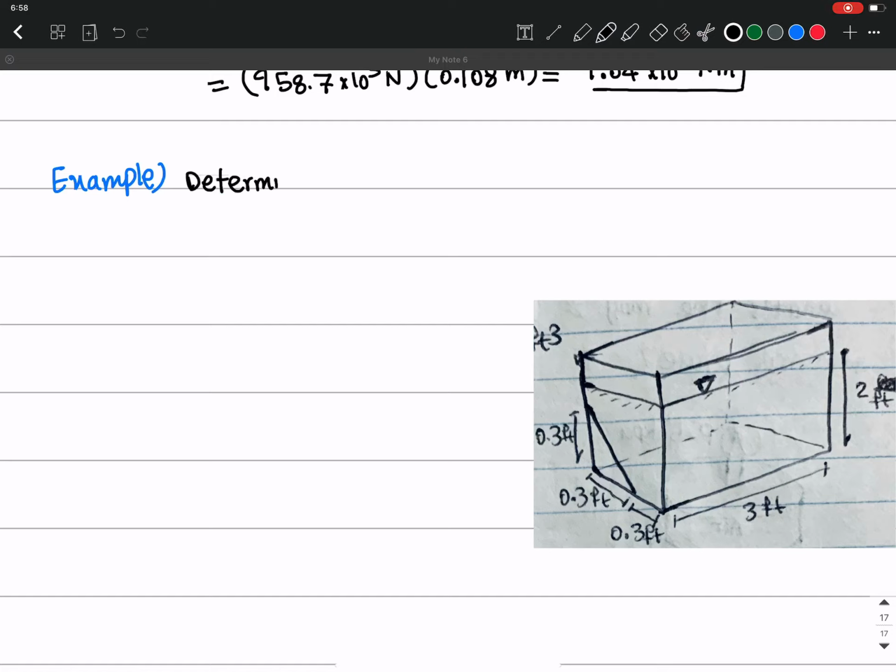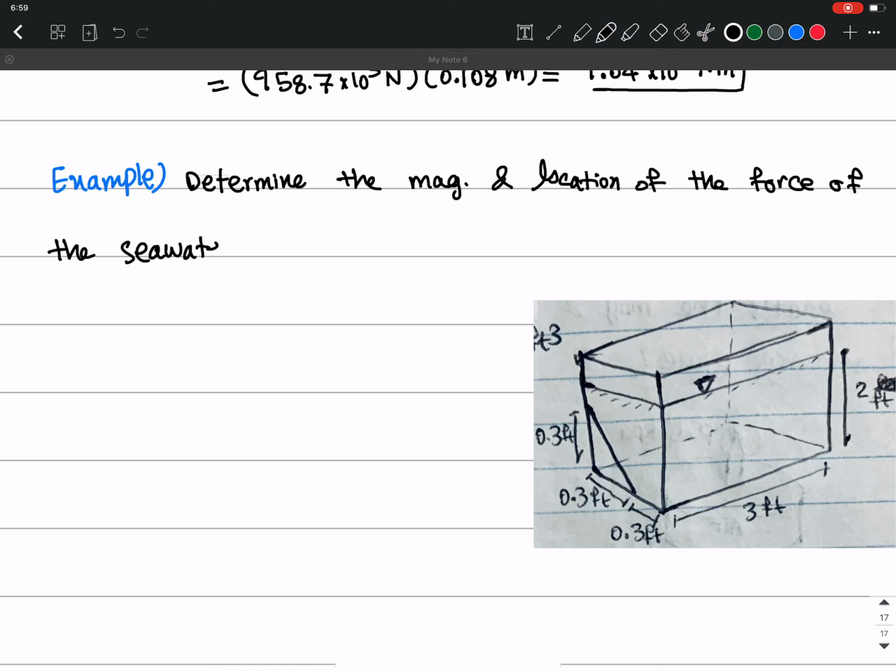Determine the magnitude and location of the force of the seawater on the illustrated triangular area.